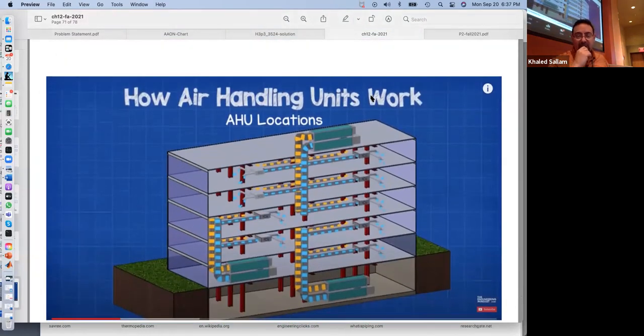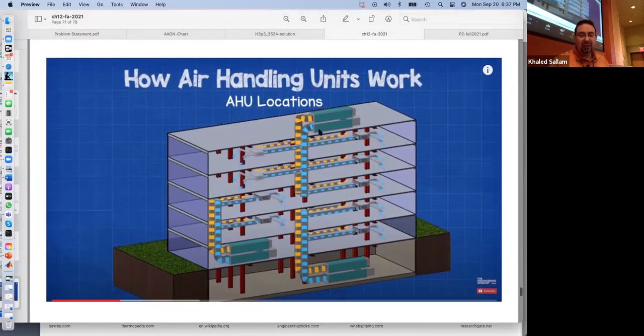A few slides about why psychrometric charts and psychrometric calculations are useful. Air handling units, AHU, are one of the really important applications for this.